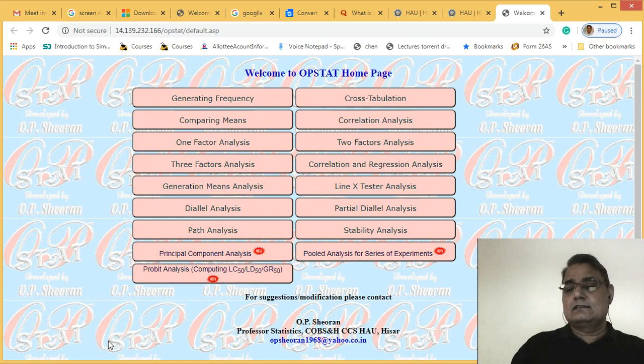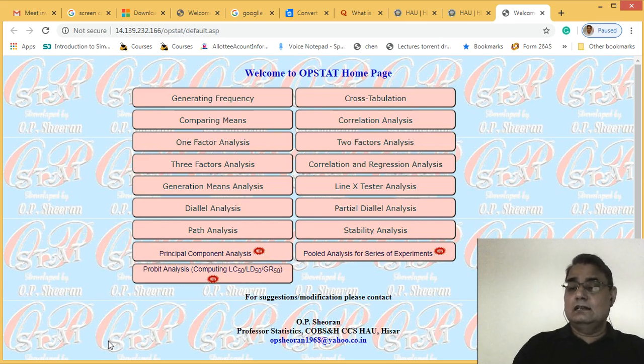Partial diallele analysis comes into picture when the number of parents in a diallele system becomes large. Then it is very difficult for a breeder to accommodate all the crosses in a field condition. In such case, he opts for partial diallele crosses, in which only a sample of crosses will be taken into account, and there are certain sampling techniques, but the sampling technique given by Kempthorne and Curnow will be included in this package.